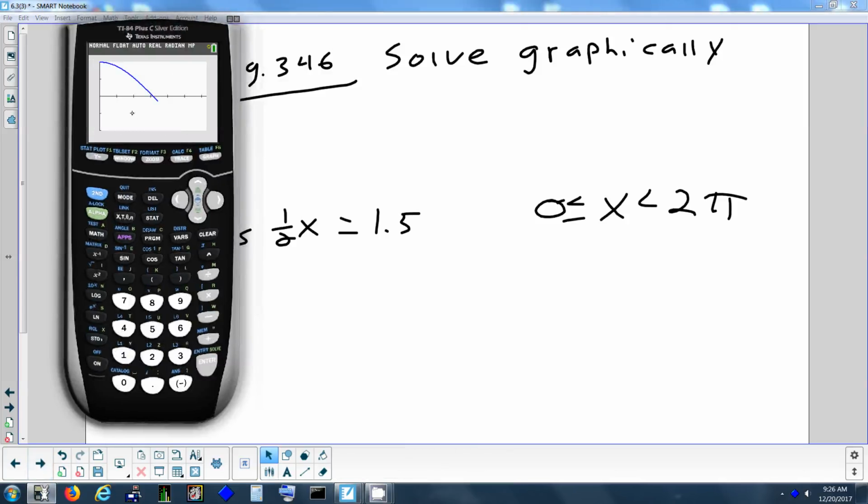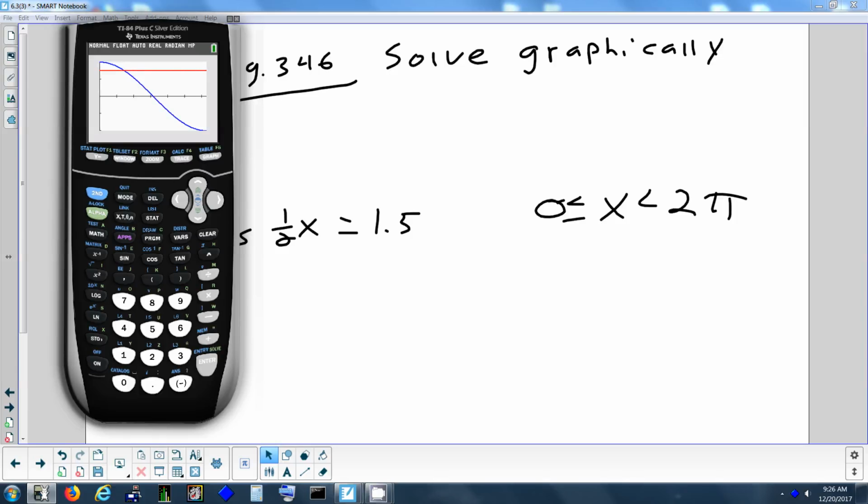All right, so we get a graph and a horizontal line. And this time, there's only one solution. Sometimes that happens. Depends on how you stretch or compress the graph. So this time we've stretched the graph out enough. We've stretched the period, so we're not getting a full cycle on the screen.